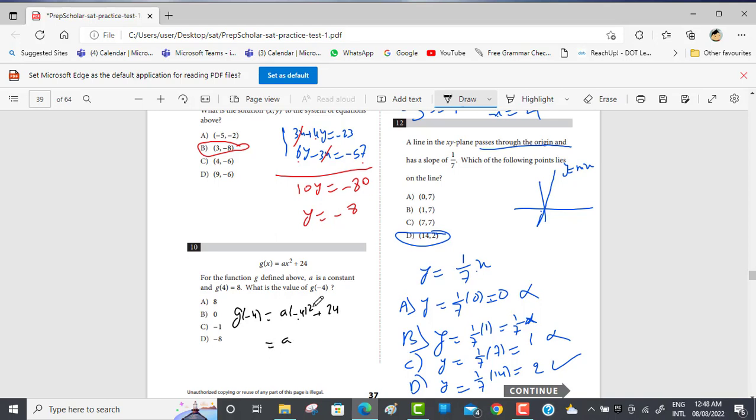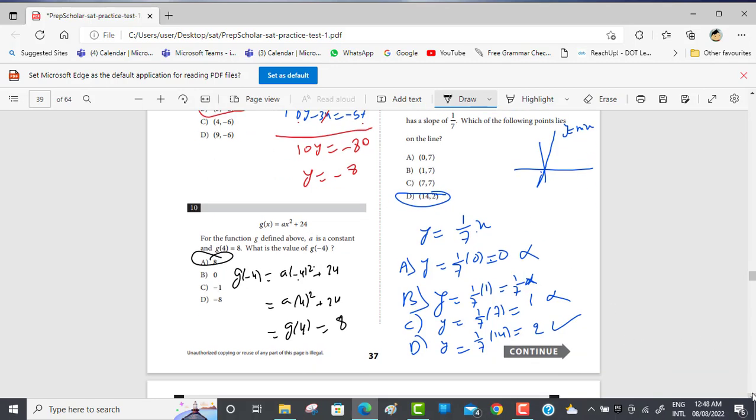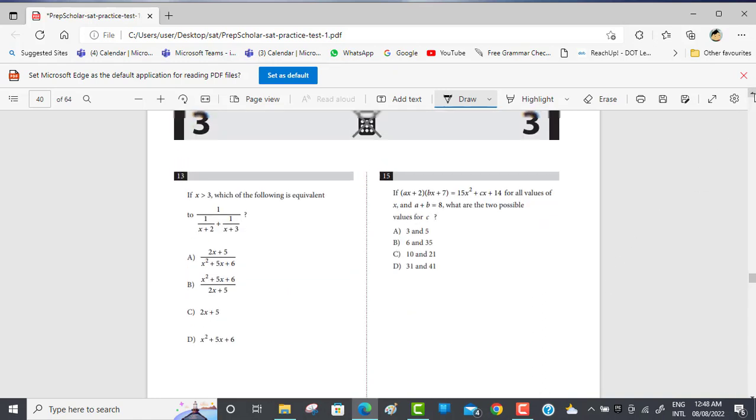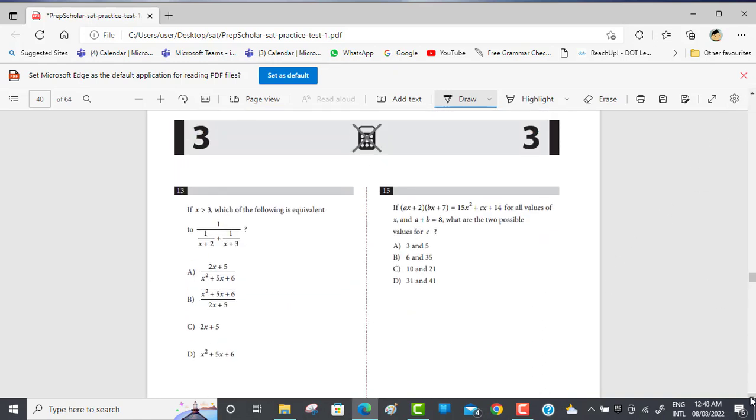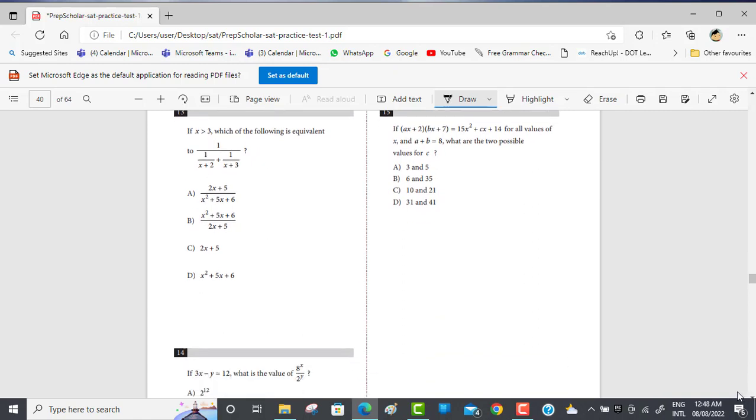As you know, minus squared is also equal to plus, which is equal to g of 4, which is equal to 8. So g of 4 equals g of -4, because both are squared, which is going to be the same value.